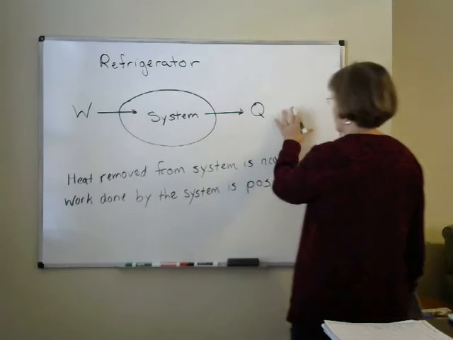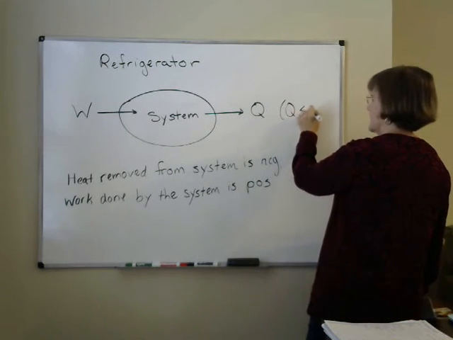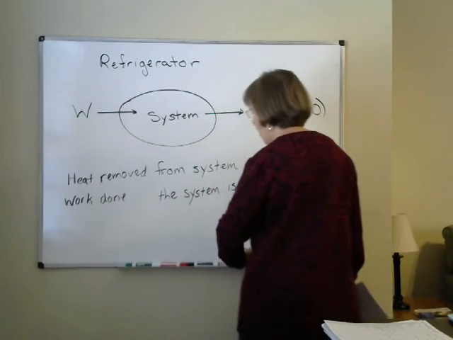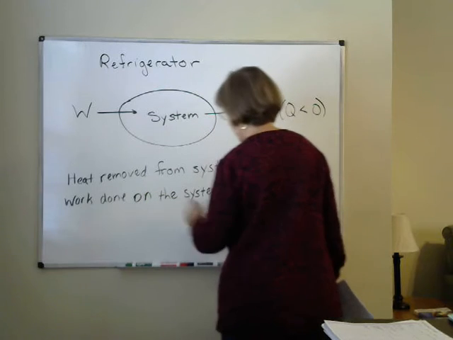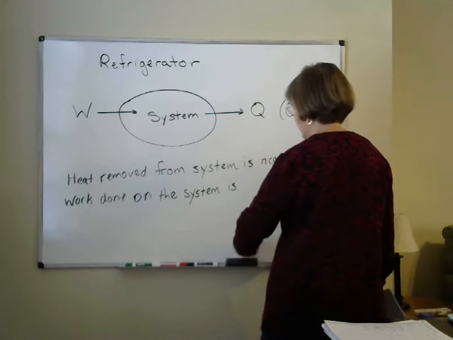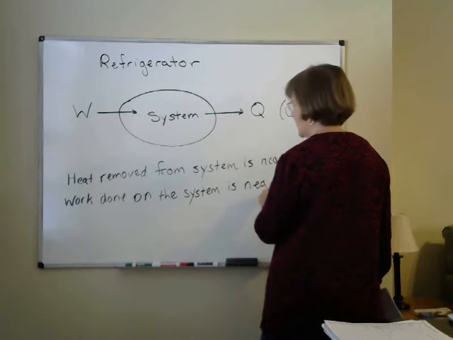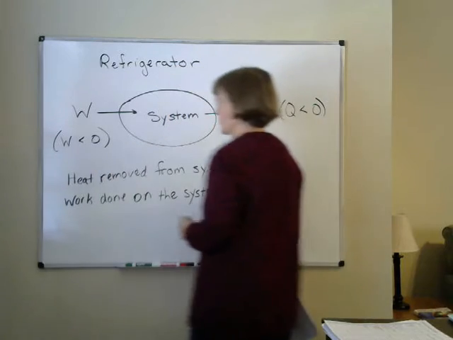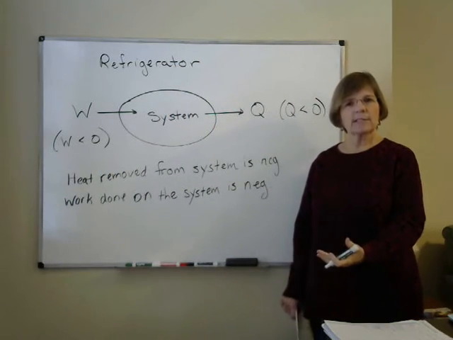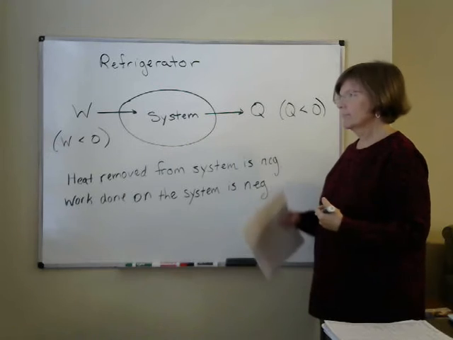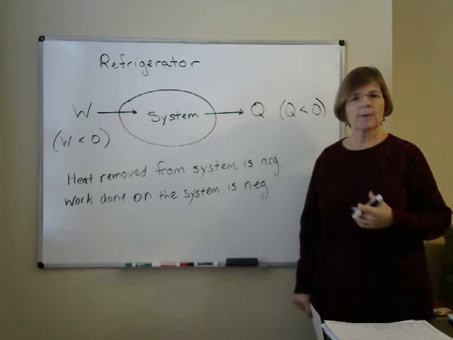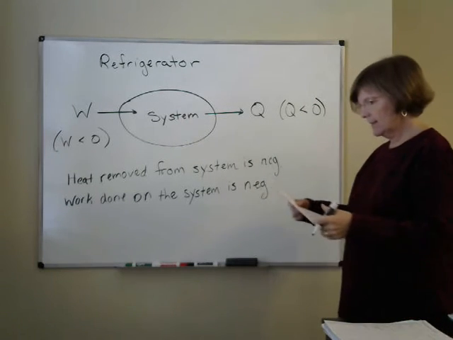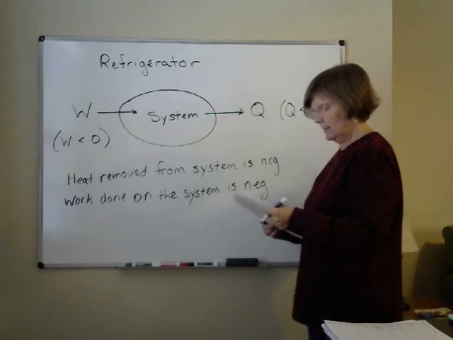So in this particular example, Q would be less than 0. It would be a negative quantity. And in this case, work done on the system, we do work on the system, that is considered negative work. So again, in this case, the quantity of work would also be less than 0. So heat added is positive, heat removed is negative. Work done by the system is positive. Work that's done on the system is negative. You just have to get those signs correct.